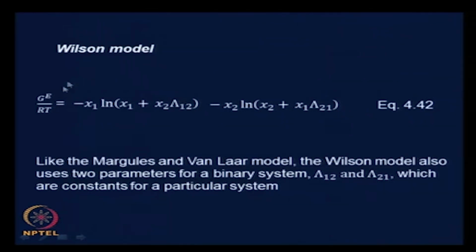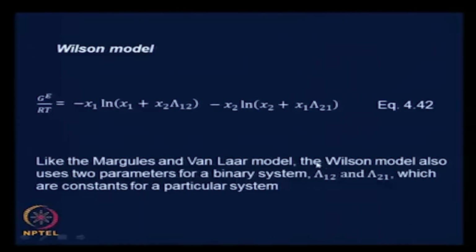This is the model. Gamma 12 and gamma 21 are the Wilson model constants for a particular system, and you could do the same things that we did with the other models, the Margules, Redlich-Kister, Van Laar and so on, to get at expressions for gamma 1 and gamma 2.